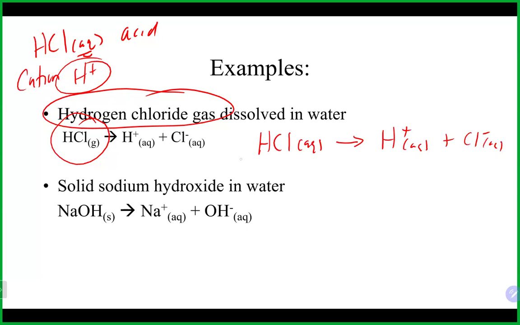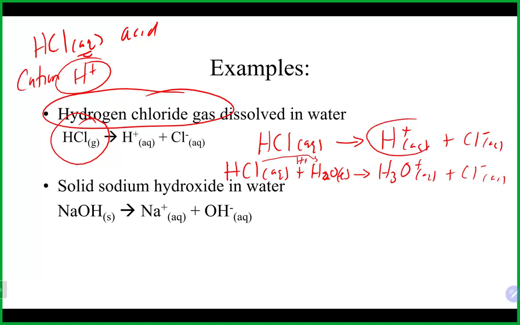Now, you could just as easily write this exact same thing, and this is what is referred to as a dissociation of an acid in water, by including the water. And if we do include the water, what actually happens is the H plus is going to go over to the water, and you will get H3O plus and Cl minus. So these two are essentially the same thing.